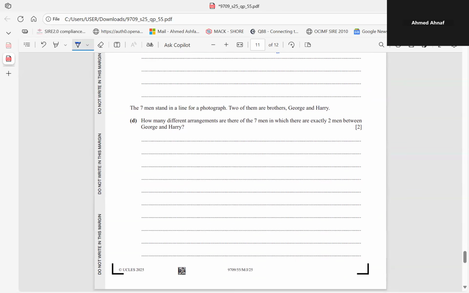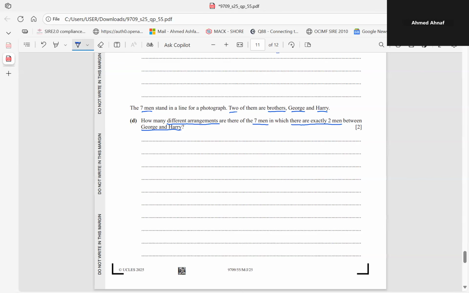Now we're told that the 7 men stand in line for a photograph. 2 of them are brothers, George and Harry. And for this last part, we have to find how many different arrangements there are of the 7 men, in which there are exactly 2 men between George and Harry.